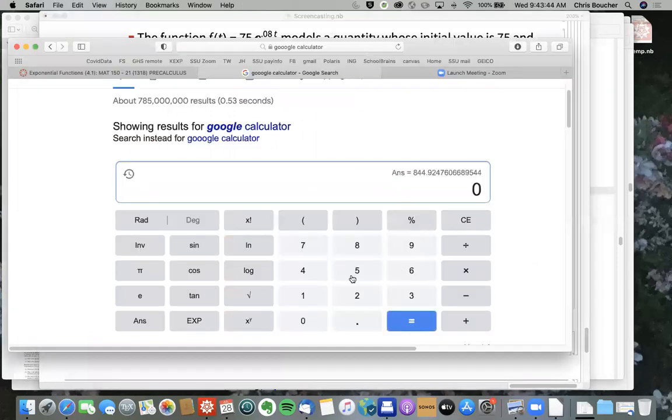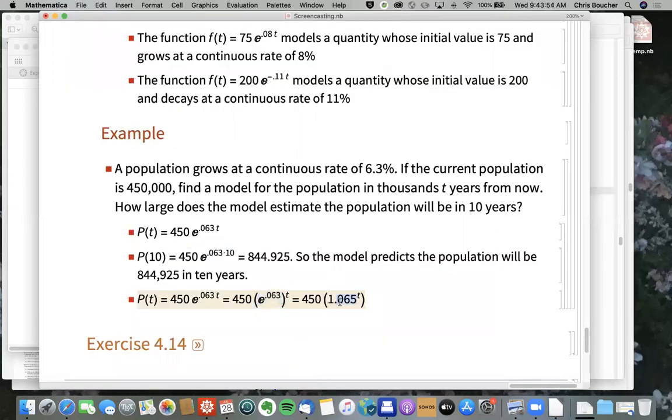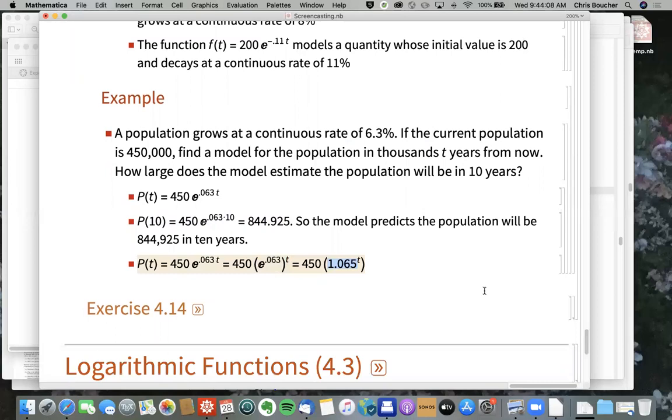So back here, e raised to the 0.063, 1.065, right? So that's where that number comes from. And now it's in good old A B to the t form. So notice a continuous growth rate of 6.3% is a per time unit growth rate of 6.5%, right? So not exactly the same thing.